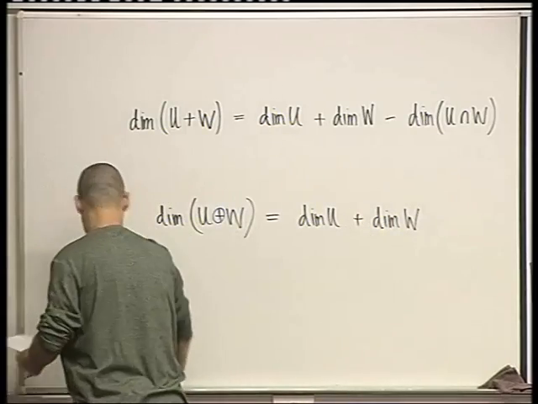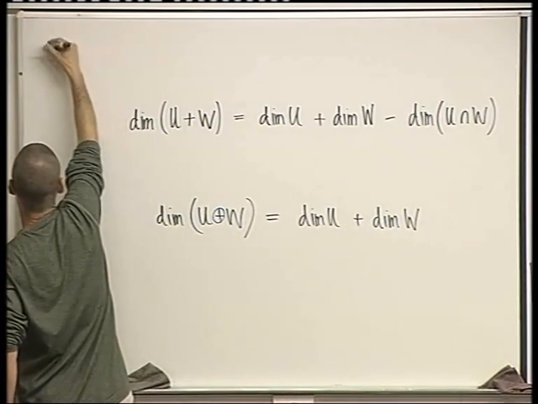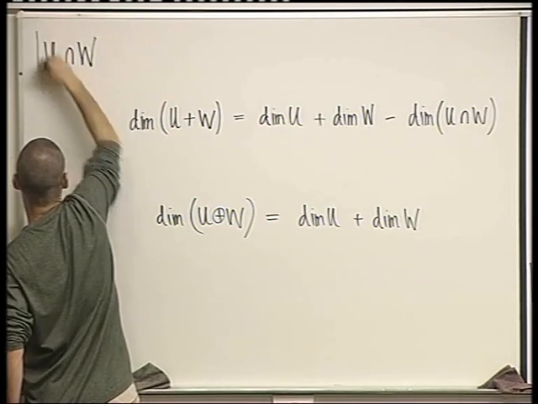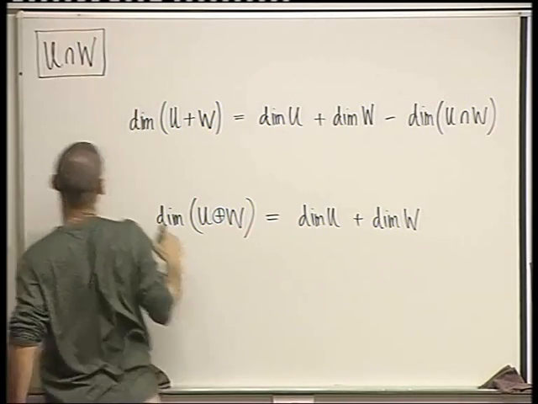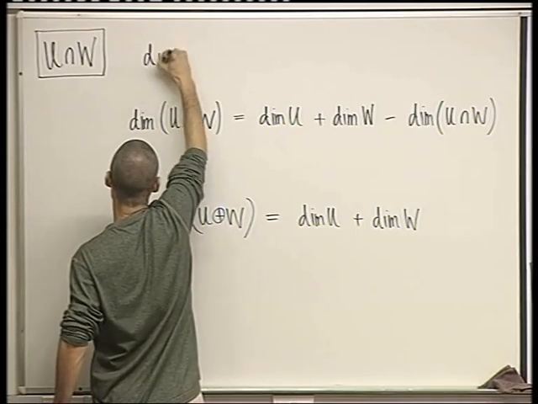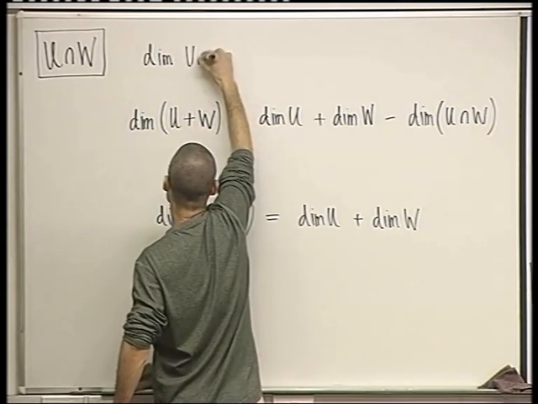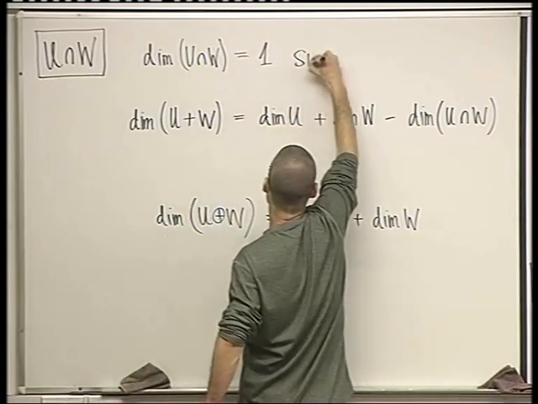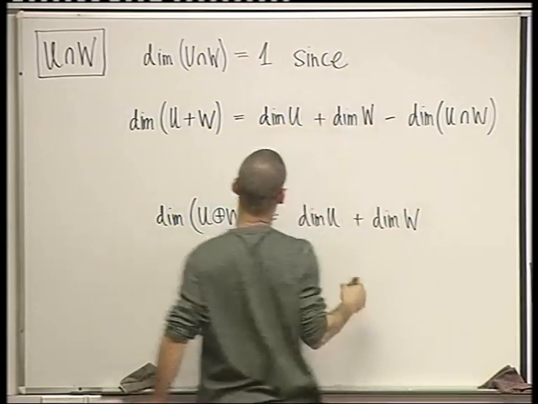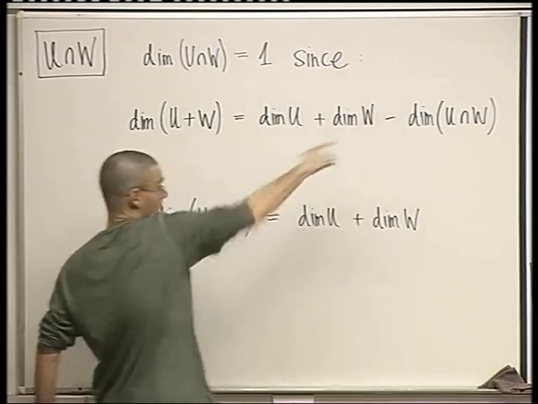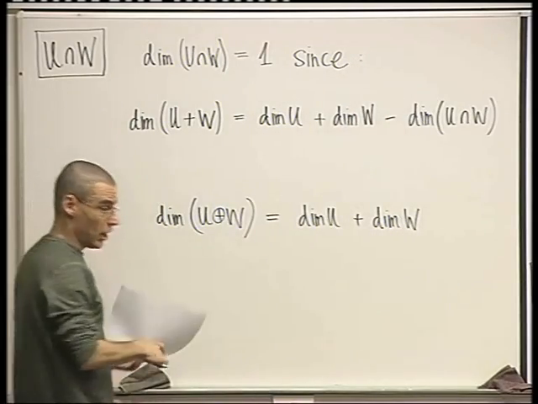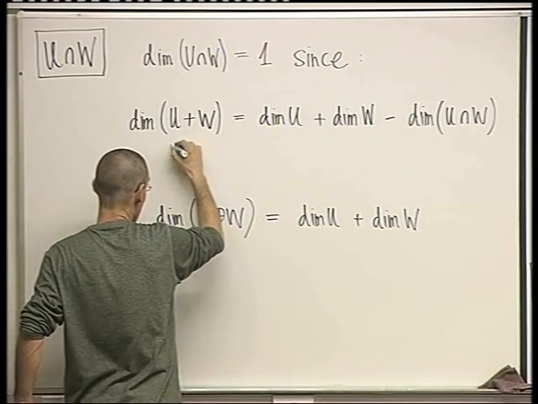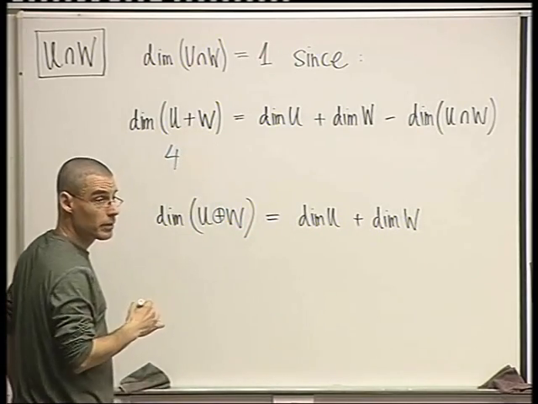Let's leave this. Okay. So now we're continuing the example, and we're looking at U intersection W. So the dimension of U intersection W is 1, since we know this by the theorem, and in our example, the dimension of U plus W was 4, right?